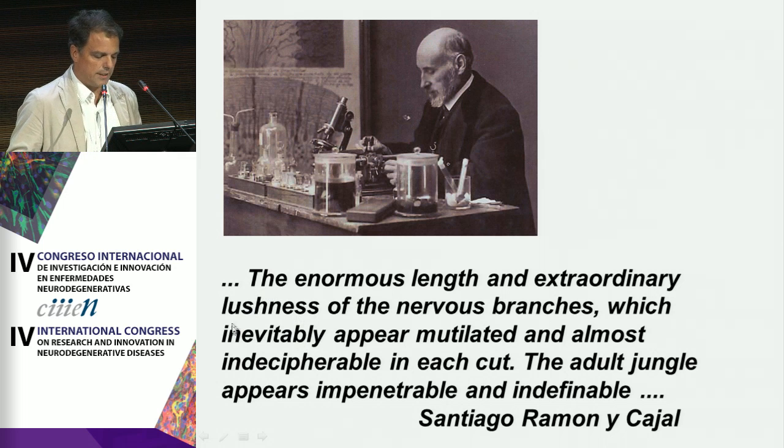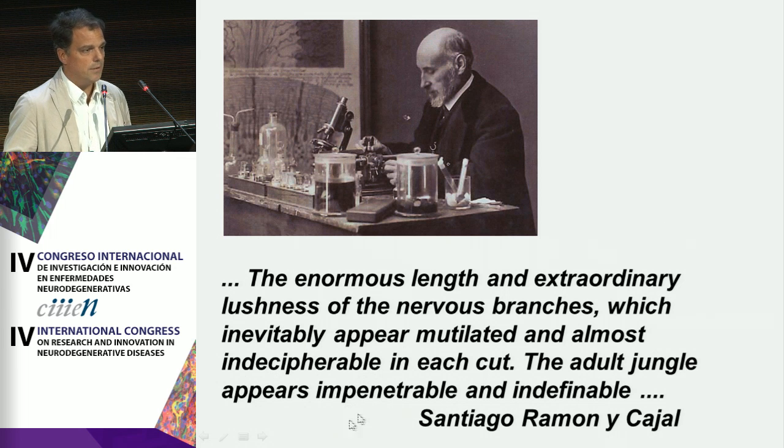He was frustrated because it is really complex to study the nervous system in the human brain, and sometimes it is very hard to follow the branches. He says it is like a large jungle that is very difficult to decipher, because with the current techniques it is very difficult to address.